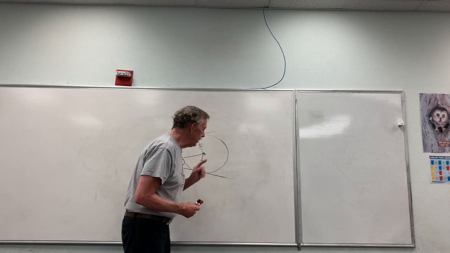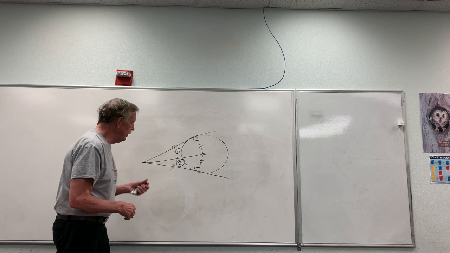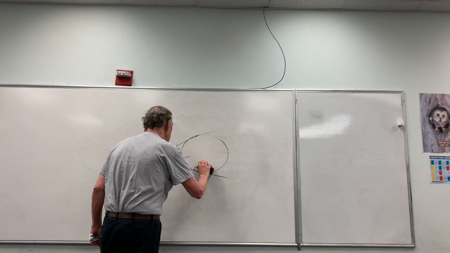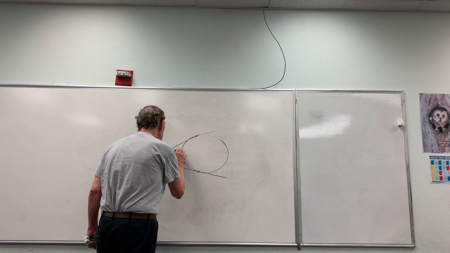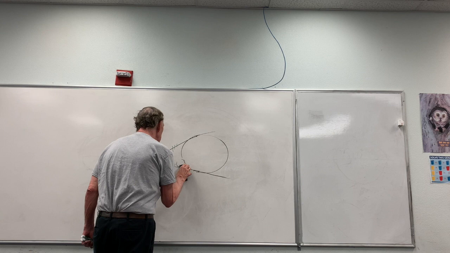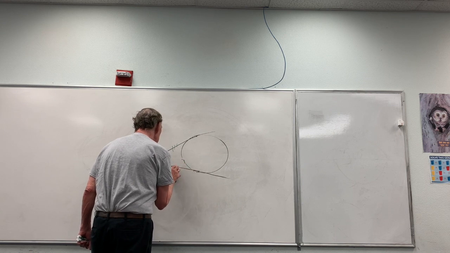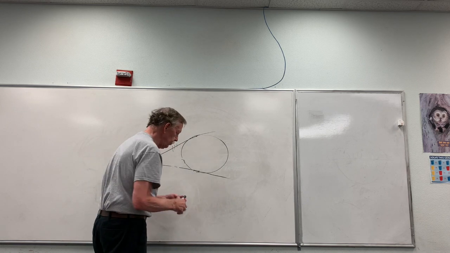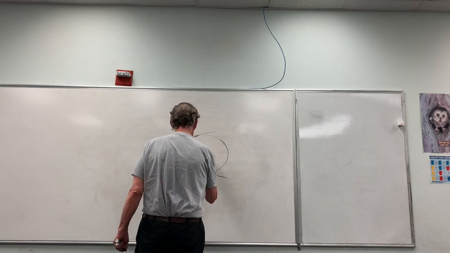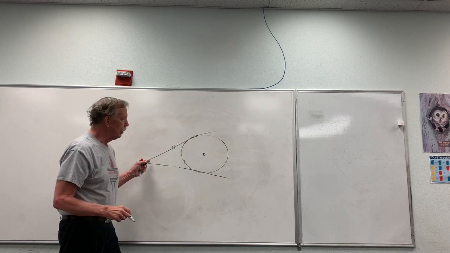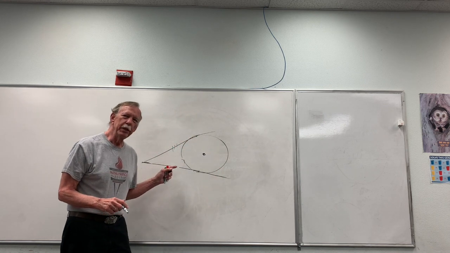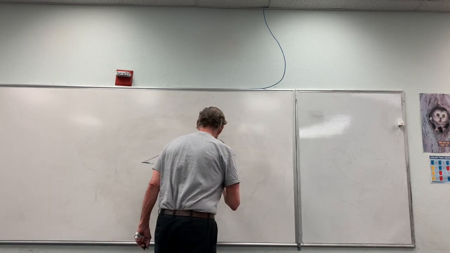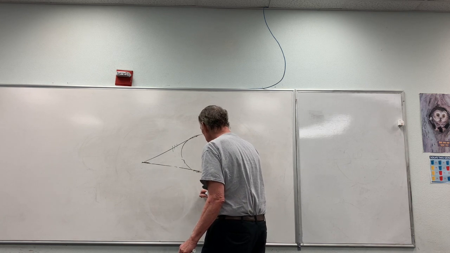Okay, back to this. These two tangents here are going to be equal. So, what happens if we draw another circle? Same size, but down here.